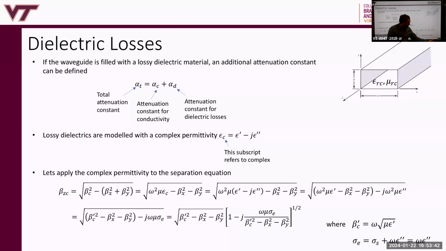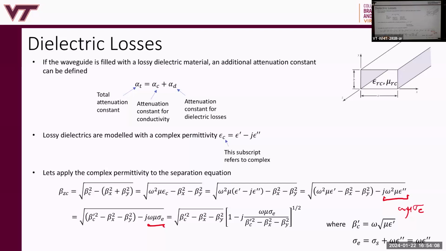But here we're considering that there's no static conductivity, so it's omega epsilon double prime, because we're talking about a dielectric here. So we see omega squared mu epsilon double prime. We can pull out one of the omegas, and the epsilon double prime will give omega mu sigma effective, which is here.